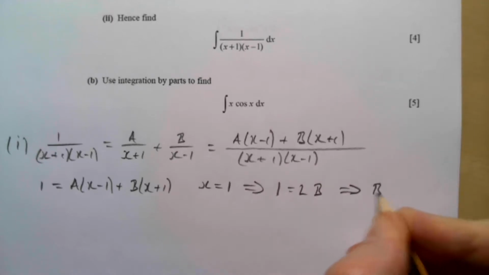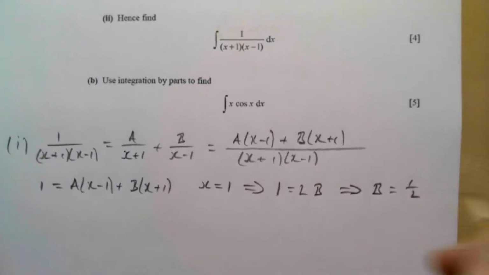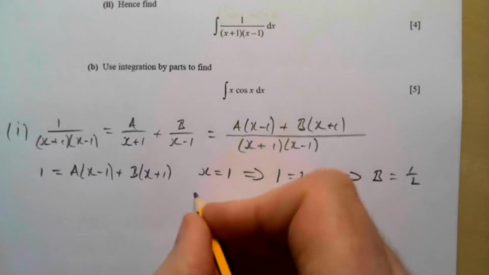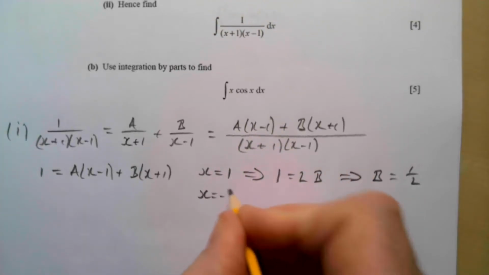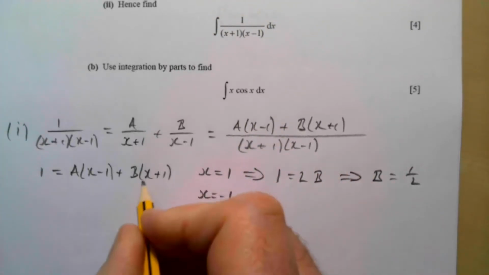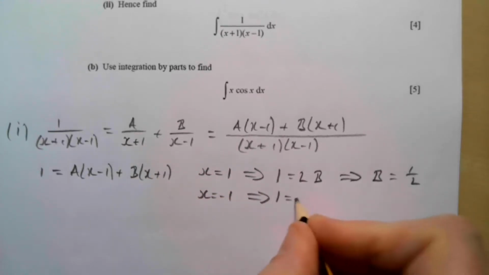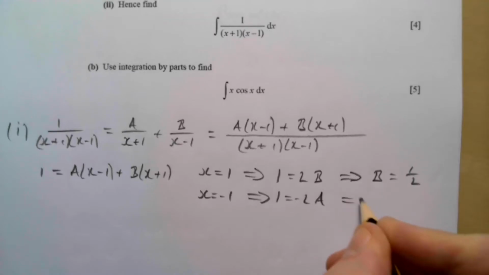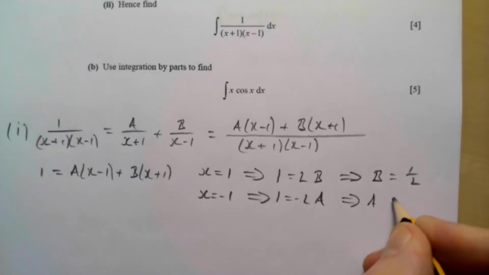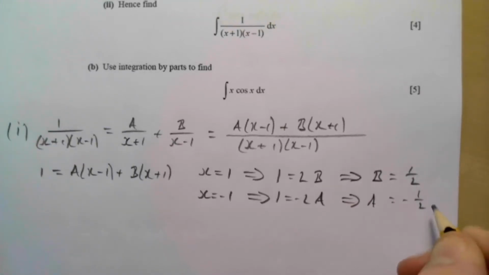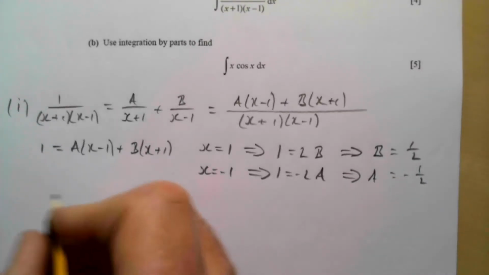That means that B is a half. If I let x equal minus 1, that disappears, and I get 1 is minus 2A, and that gives me that A then is minus a half.